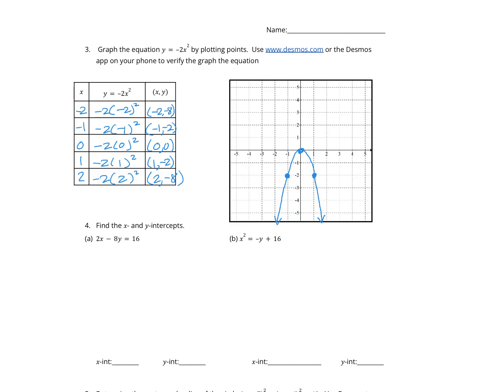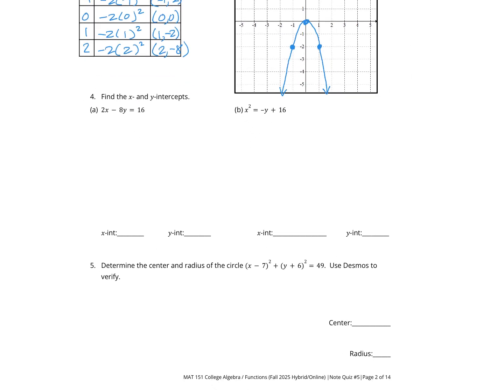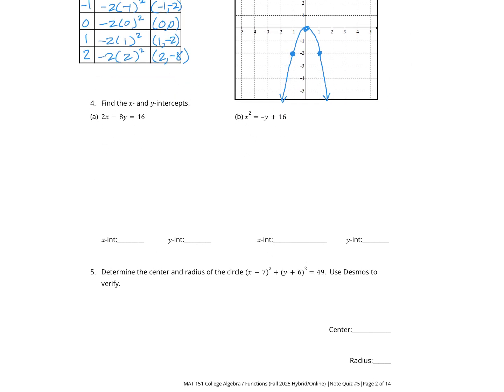All right, so now let's move on to the next problem, which is all about finding intercepts. If you think back to previous algebra courses you might have had, for finding intercepts, the idea is you set the other number in the ordered pair equal to 0. In other words, if you want to find the y-intercept, you set the x equal to 0.